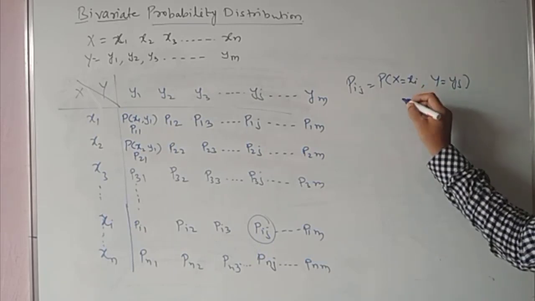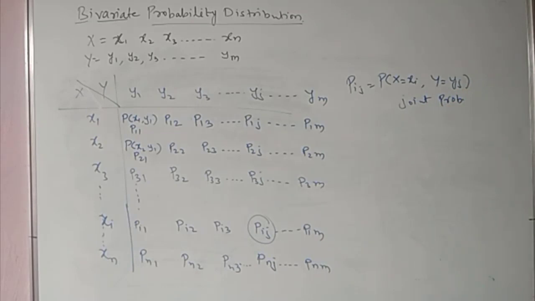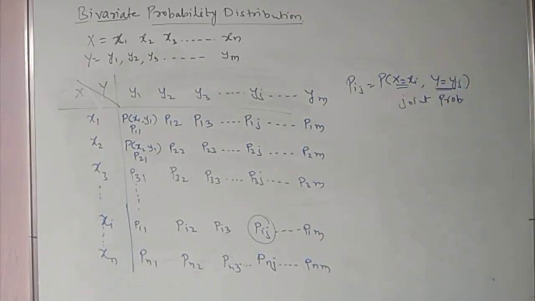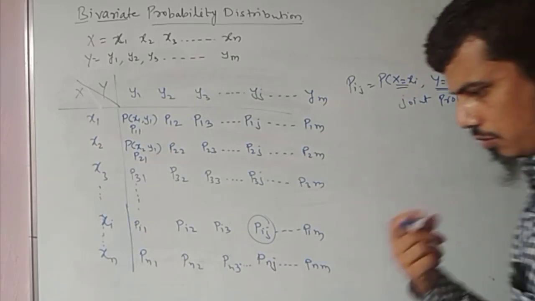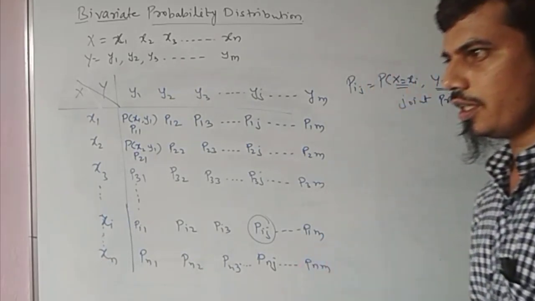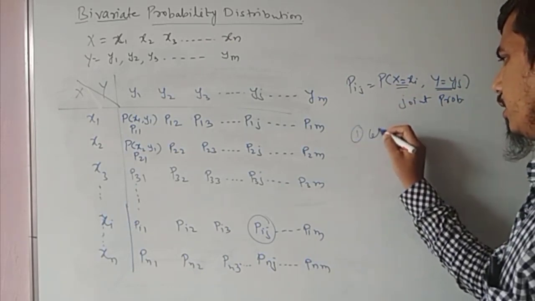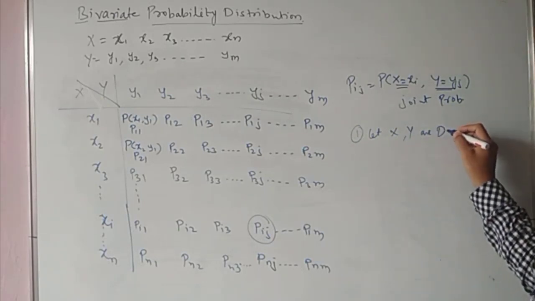This is simply joint probability based on the values of x and the values of y that it assumes. So first assume the discrete one. Let x and y be discrete random variables.